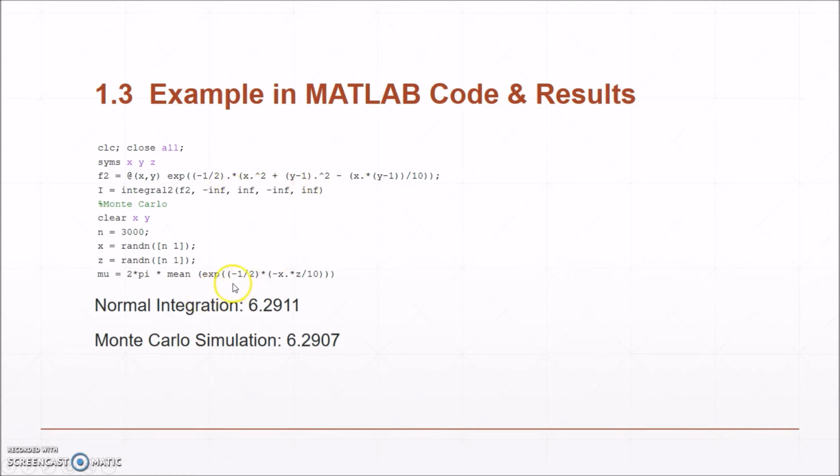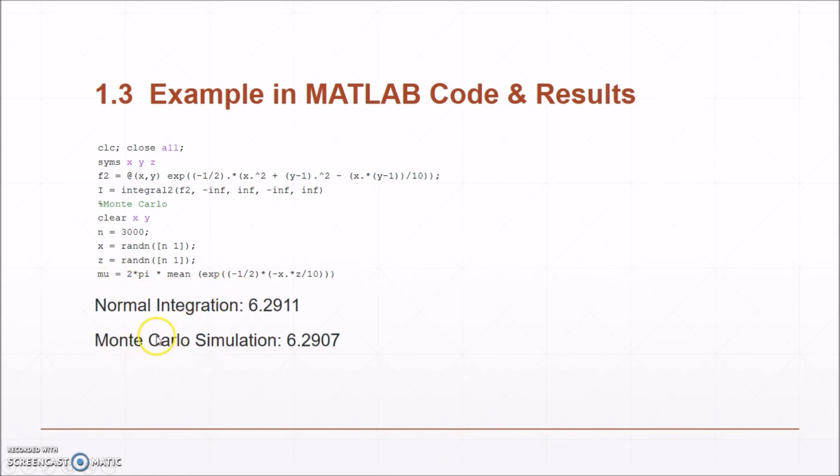What we're left with is the expected value, which would be a mean. So we multiply the factored out normal distribution times the expected value of what's left of this integral after we've factored out the normal distribution.